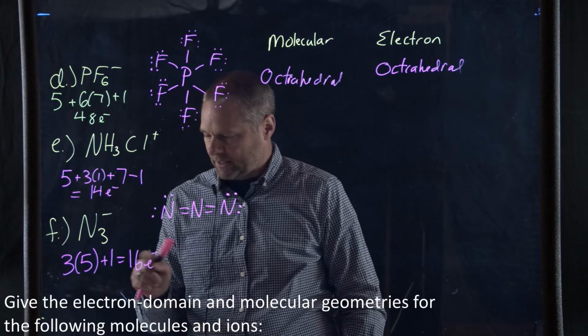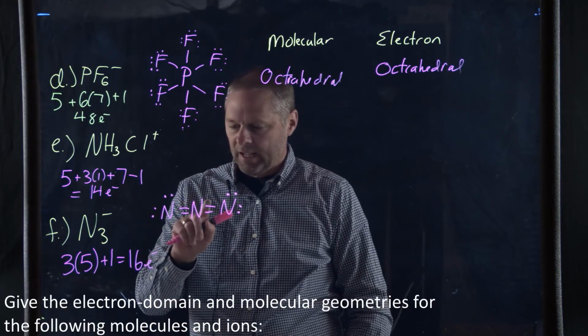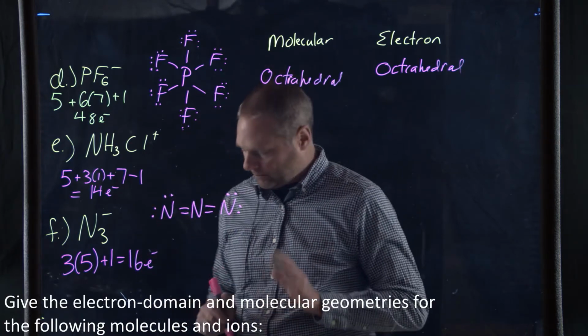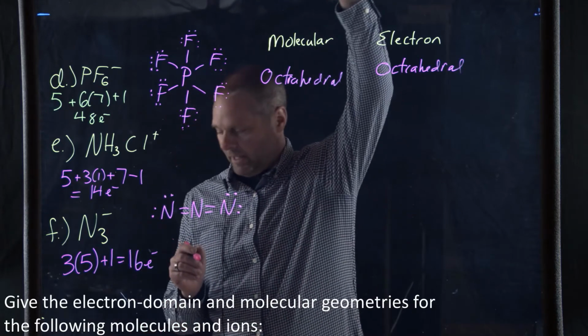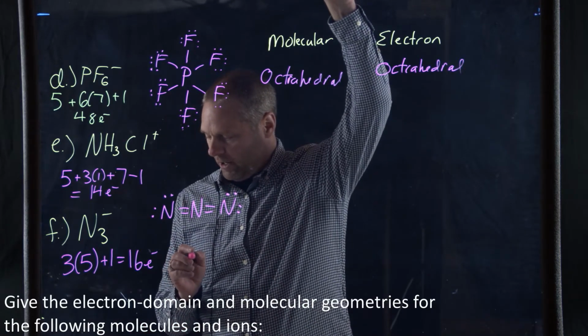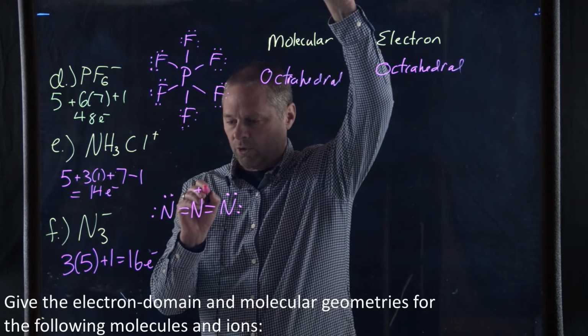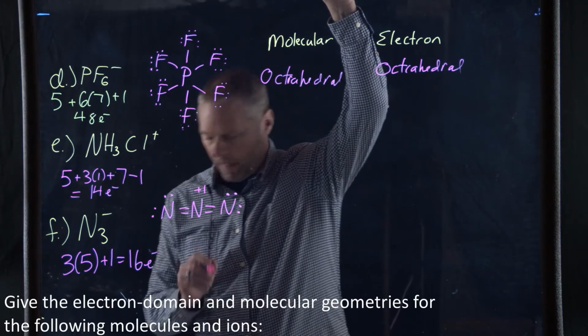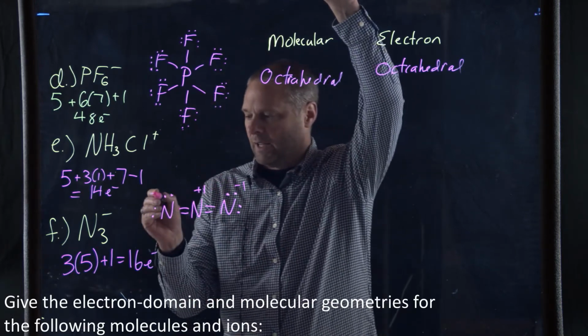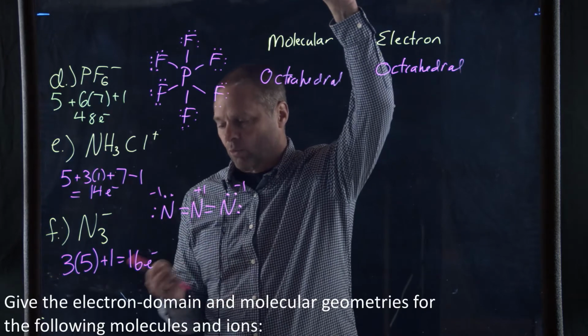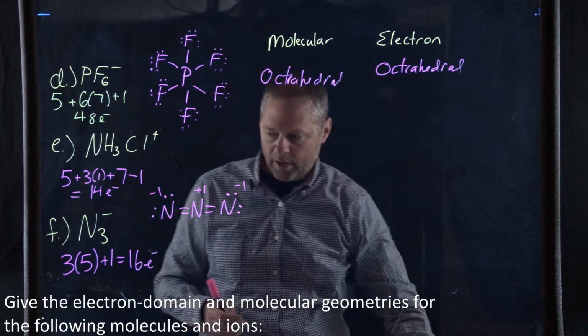Yeah, 16, that's right. Now if we calculate the formal charge of these, we find that the formal charge of this becomes +1, this becomes -1, and that becomes -1. So that's one Lewis dot structure we can come up with for the azide.